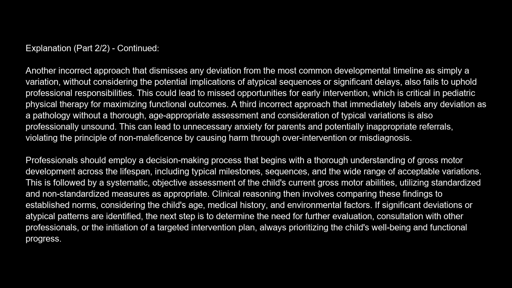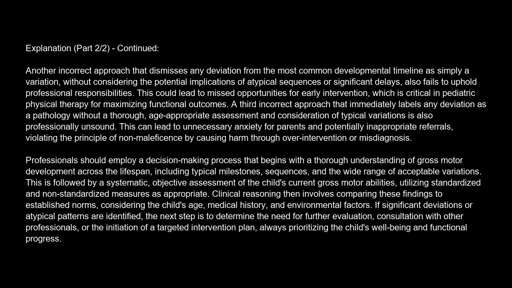Professionals should employ a decision-making process that begins with a thorough understanding of gross motor development across the lifespan, including typical milestones, sequences, and the wide range of acceptable variations. This is followed by a systematic, objective assessment of the child's current gross motor abilities, utilizing standardized and non-standardized measures as appropriate.